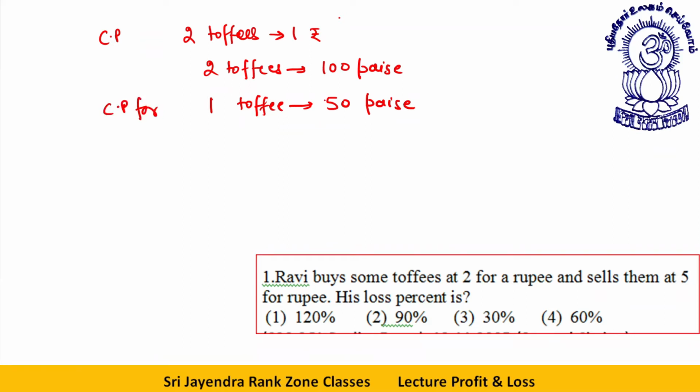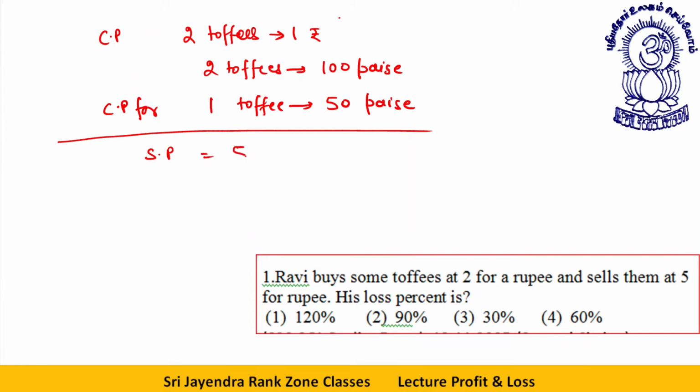Okay, and sells them at 5 for a rupee. SP. What is the SP?